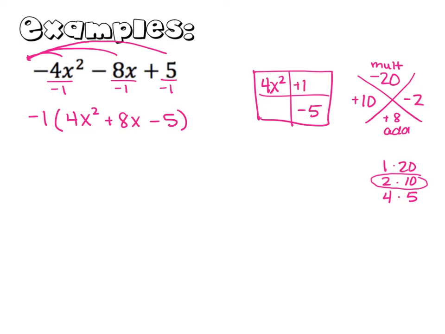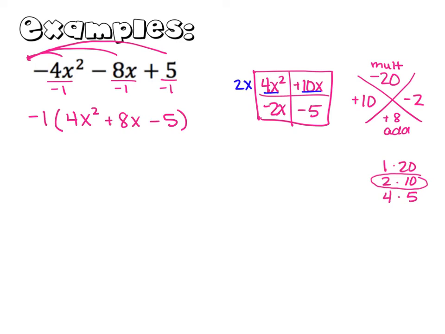So I get positive 10x and negative 2x, and then what can I take out of each row and each column? Across the first row, it looks like they're both even, and they both have x's, so I can divide both of those by 2x. And I could keep checking, or I could work backwards. 2x times what would get me 4x squared?